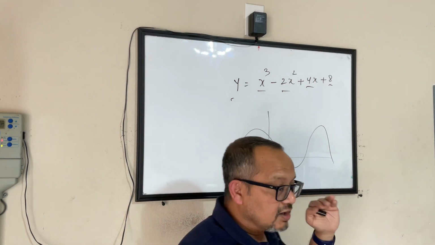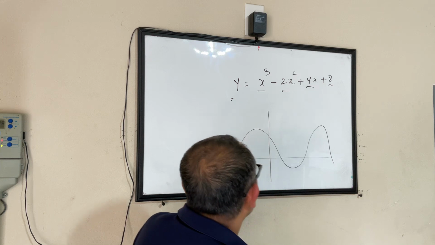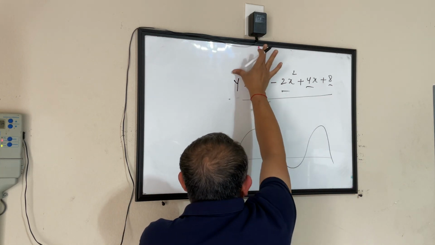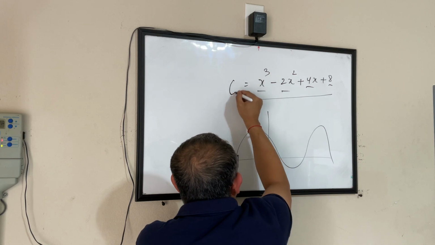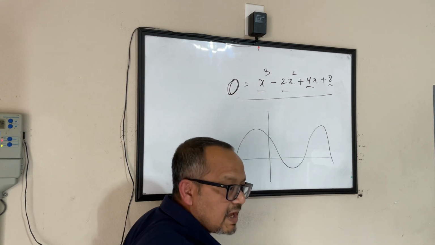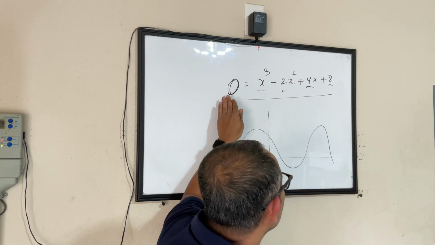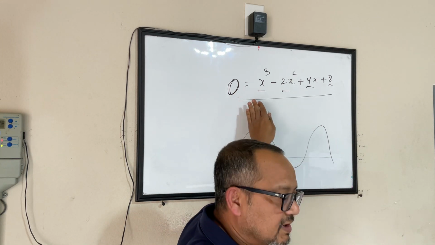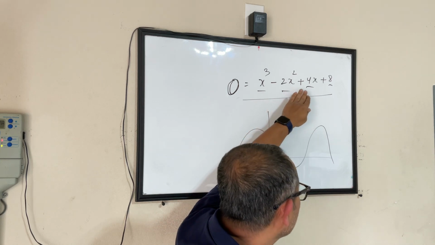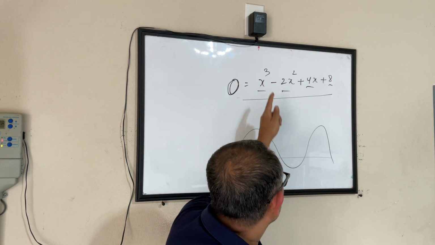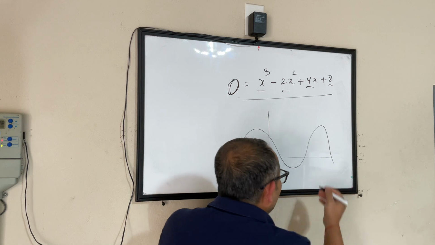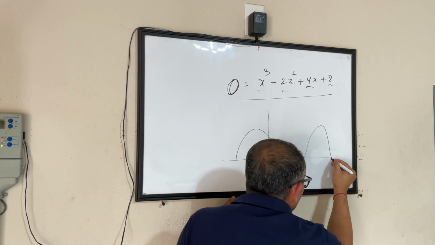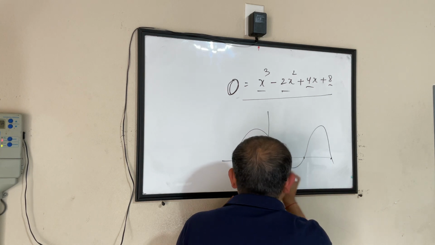The zero of a polynomial. This is a polynomial. When you say zero of a polynomial, you are essentially talking about when your y value is 0. And that is what Prisha meant by saying roots of the polynomial, correct, Prisha? And this is exactly what they've also explained, that these are the points where it is intersecting the x-axis, or the points where the graph is meeting the x-axis.